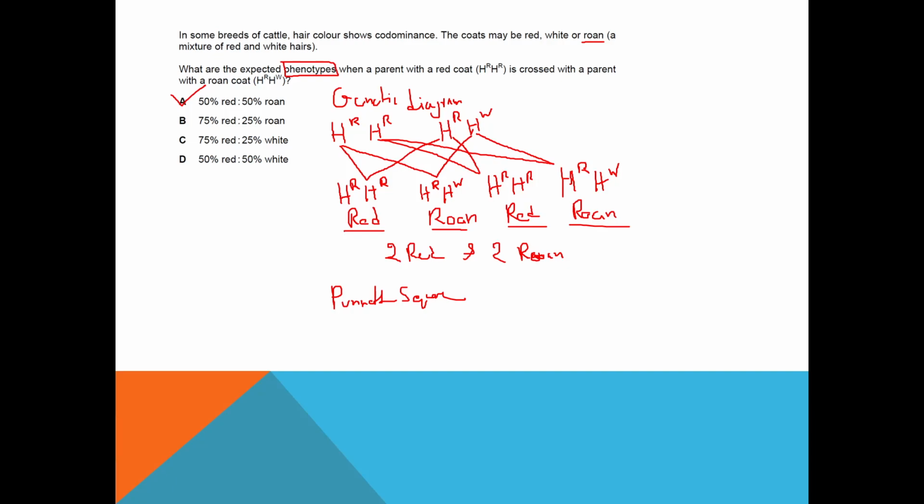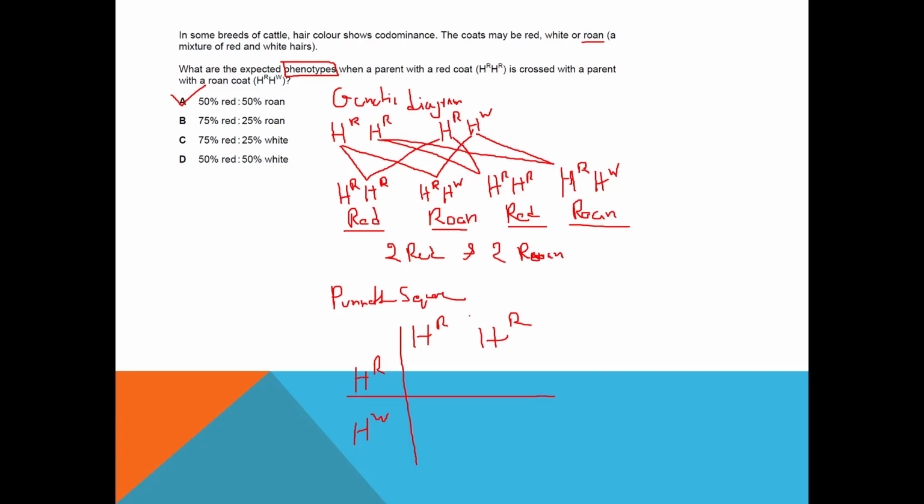So we put the alleles of one of the parents at the top: H, R, H, R. And the alleles of the second parent go vertically on the other side: H, R and H, W. Then we just draw lines around them to make them look like boxes.